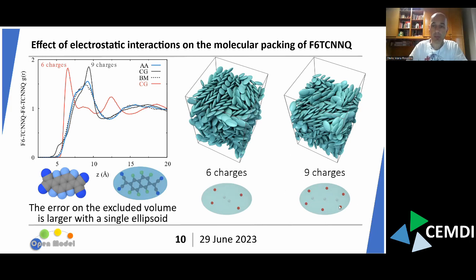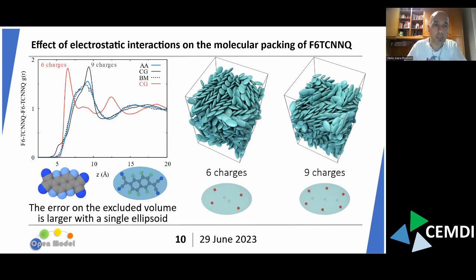And by using a more sophisticated model with 9 charges, we got this slip-stack configuration that is typical of strong quadrupolar interactions, and that's exactly what we have in the reference model. And this difference is also reflected in the radial distribution functions between those molecules.